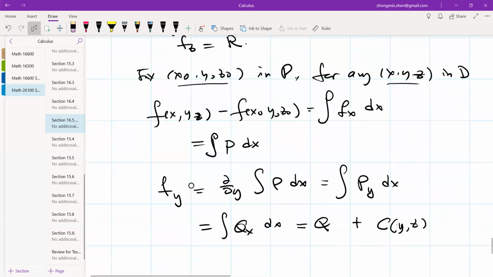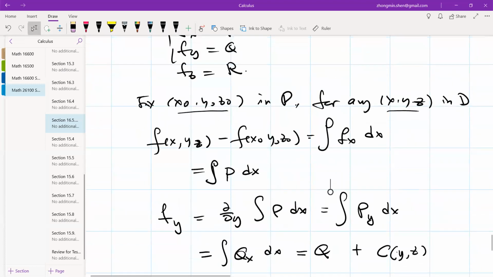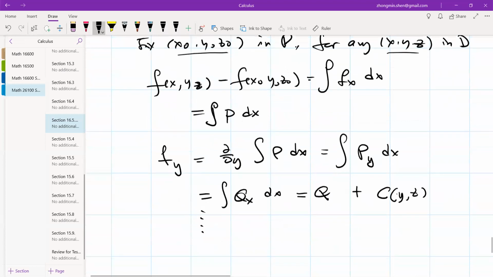Then it must satisfy the second equation, so the second part is 0. Then you're trying to integrate and solve for y. So this is the idea, step by step, and then you eventually can get an f that satisfies all three equations. So this is just a rough idea.